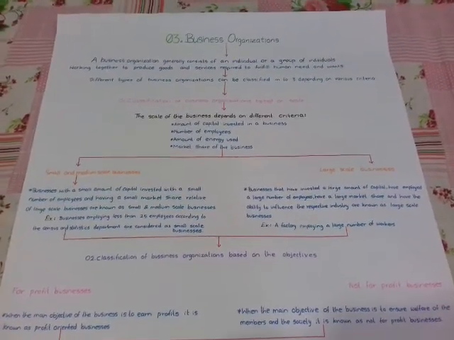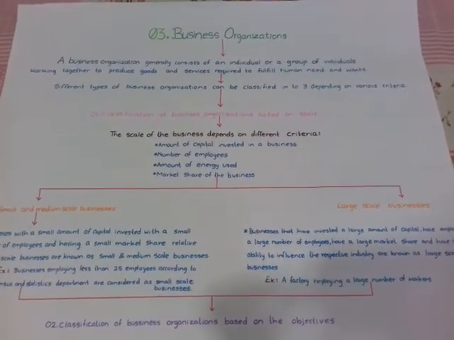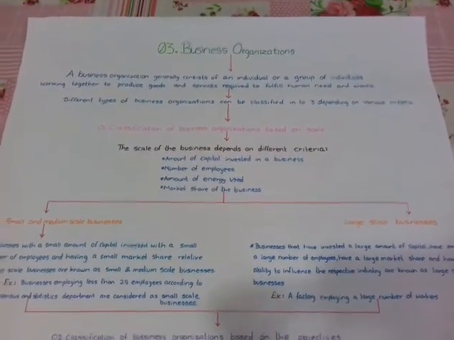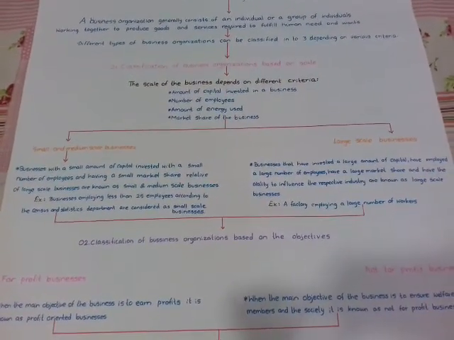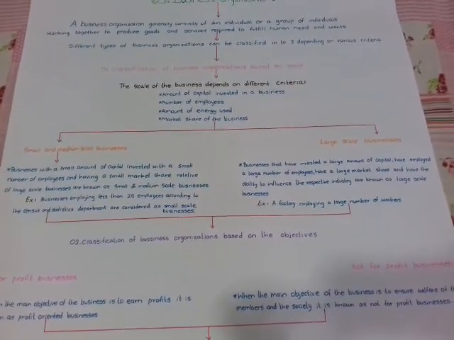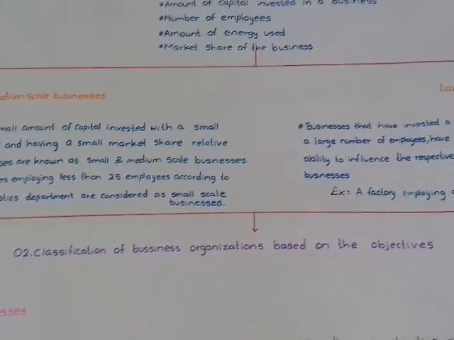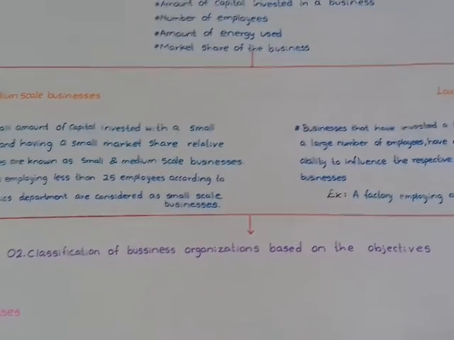Now we have talked about the classification of business organizations based on scale. After that, we are moving towards the classification of business organizations based on objective. That means, what are these business organizations hoping to gain?